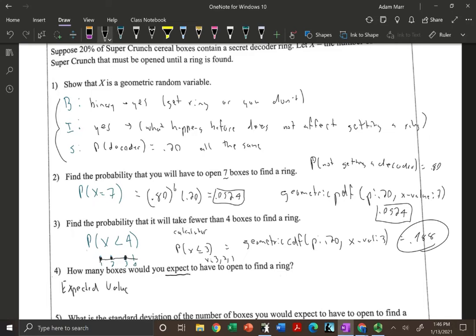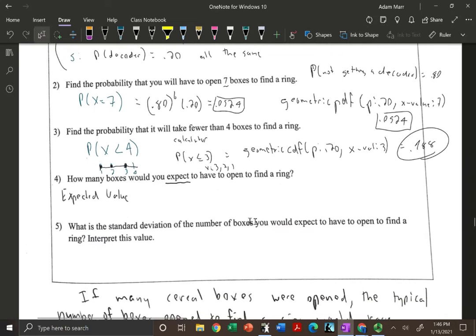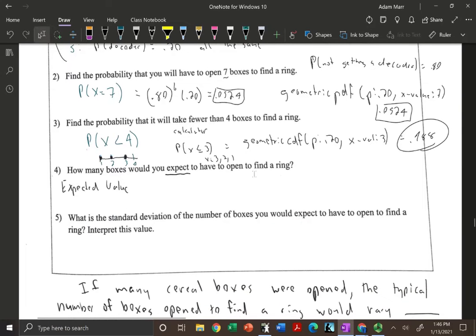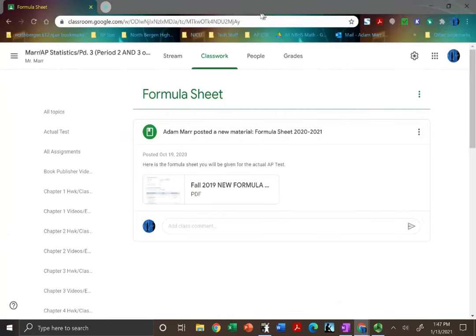How many boxes would you expect to have to open to find a ring? All right, that's your expected value for geometric, which is just going to be your mean. So let's take a look at this formula sheet, which is in Google Classroom.